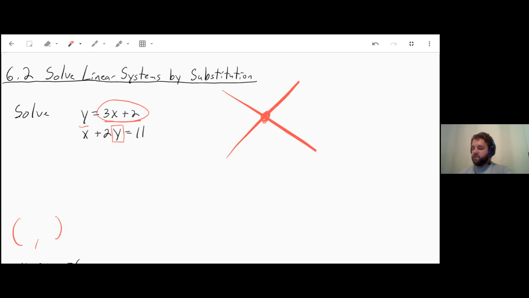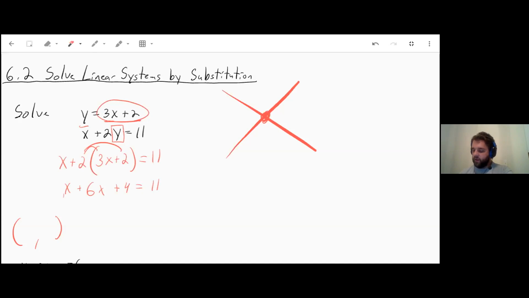So since y can be substituted with 3x plus 2, we can go x plus 2, and then we're substituting in 3x plus 2 for y. And that has to equal 11. Well, now we can distribute that 2 into both terms. So we would have a 6x plus 4, and then we still have that x out at the beginning, and that has to equal 11.